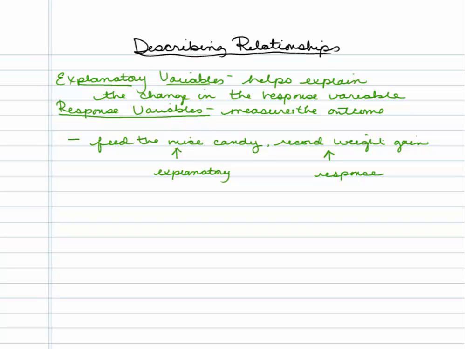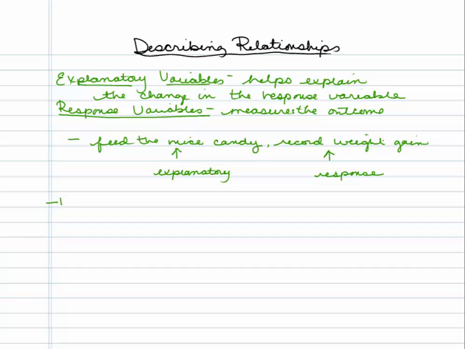And it doesn't have to be something that, like for this one, probably the more candy you feed them, the more they'll gain weight. But it doesn't always have to be a positive correlation, and we'll talk about that next. So what we're going to end up having for these ones are two variables.